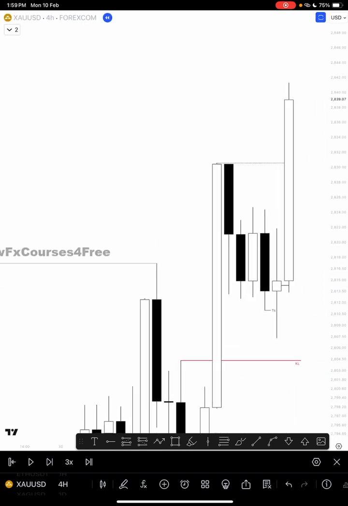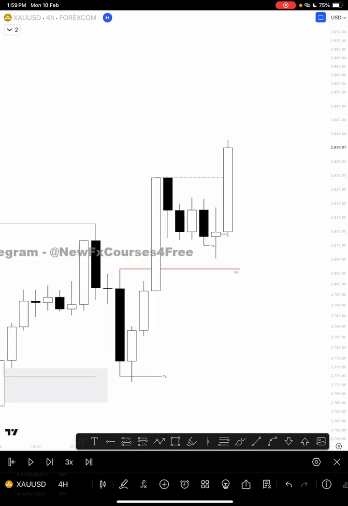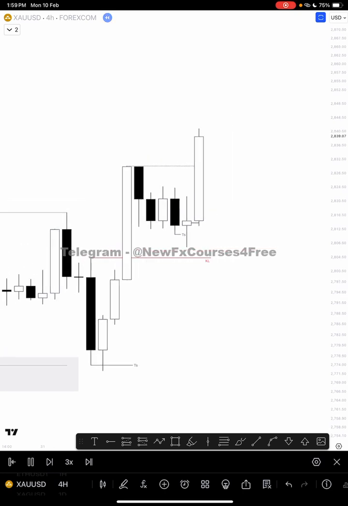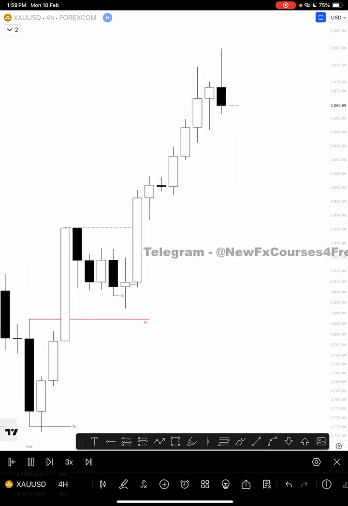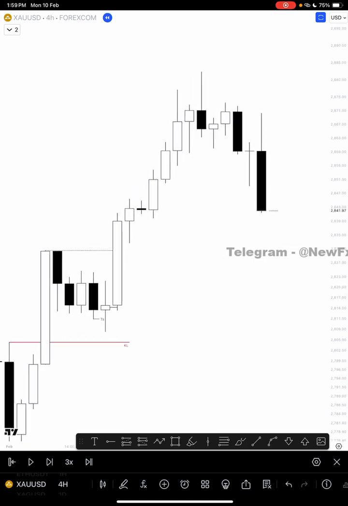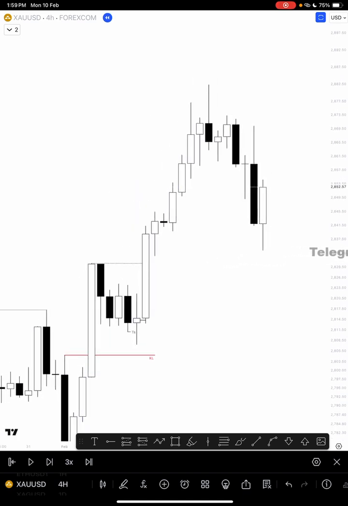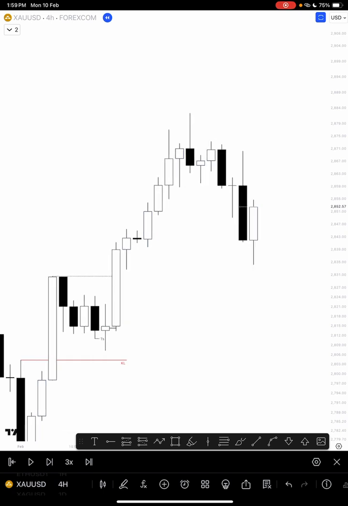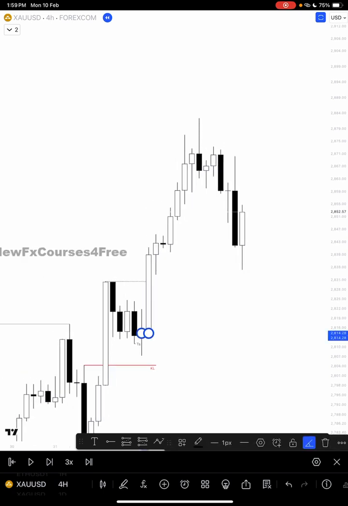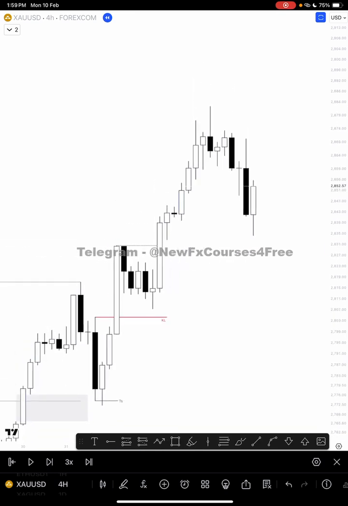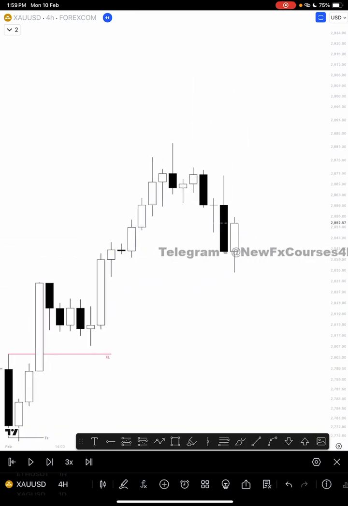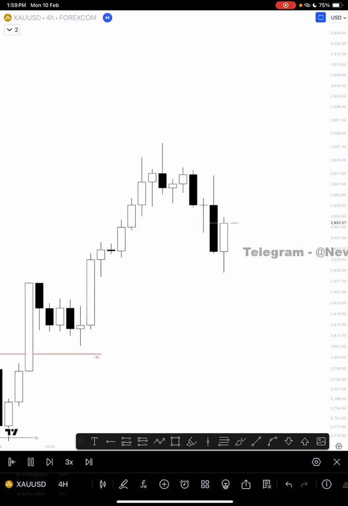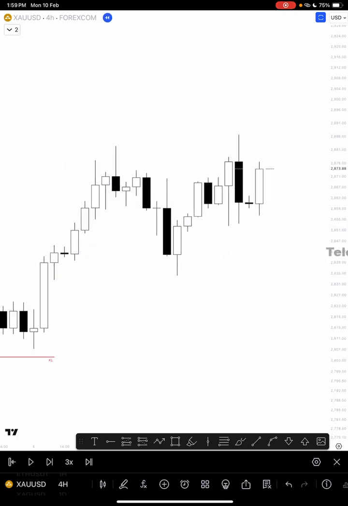So moving higher, let me show you more examples. Playing this out in time, and the market dips into where? Into our discount region.